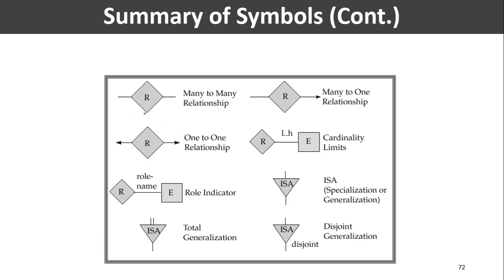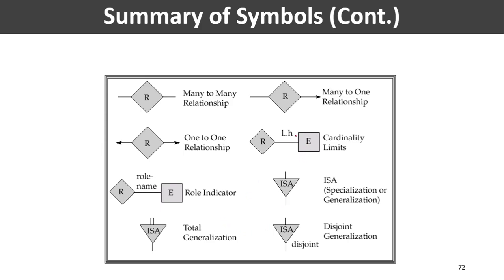Now a few more symbols related to mapping cardinality. Just look at it: many to many relationship, many to one relationship, where an arrow is used towards the one side, then one to one relationship. We can even put cardinality limits.